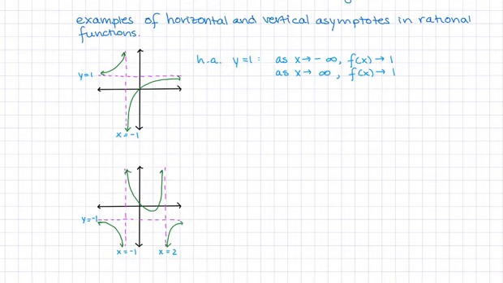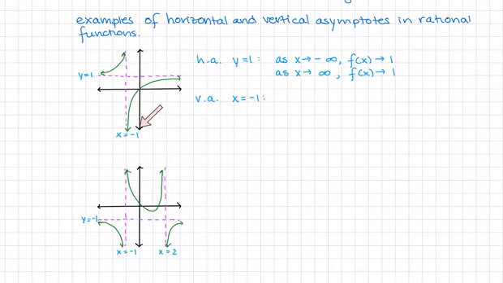For our vertical asymptote, now this gets a little weirder. We can see in this picture that the vertical asymptote is at x equals negative 1. However, now instead of saying as x approaches negative or positive infinity, as x is going to the left or to the right, x is actually going towards this asymptote. So the value of x is approaching negative 1.